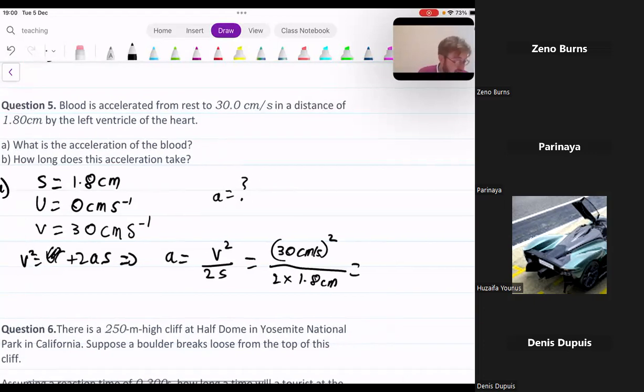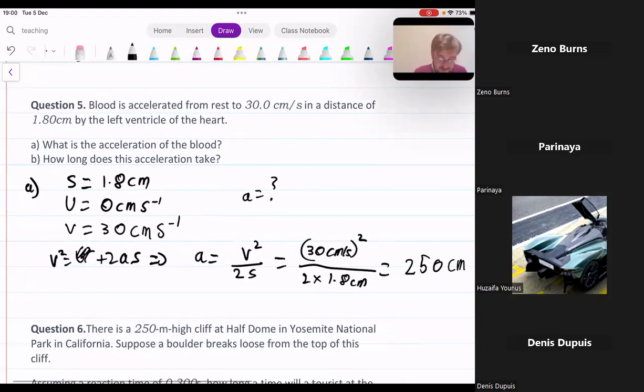We should get, if I typed everything correctly, 250 centimeters per second squared. So this is the acceleration of the blood in your heart. Now let's look at how long this takes.